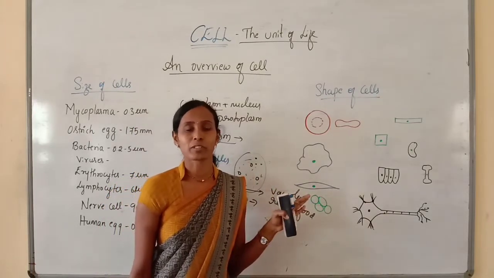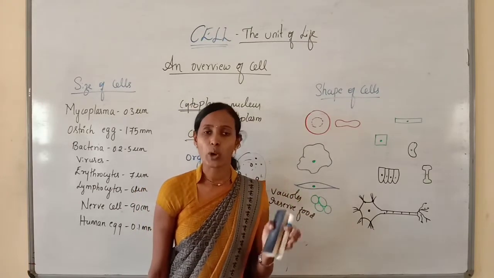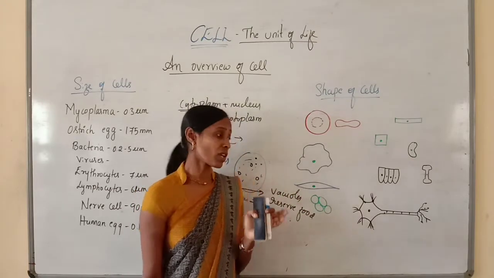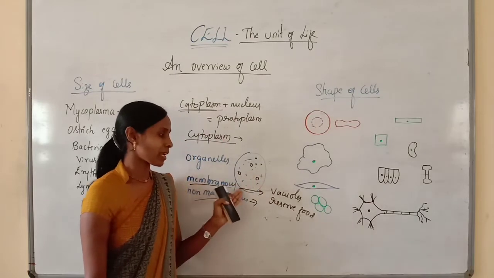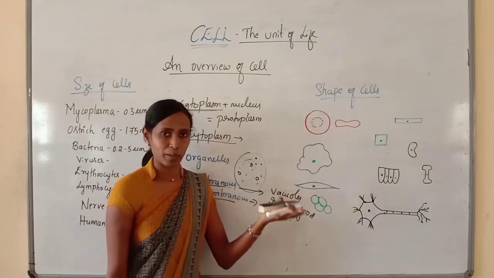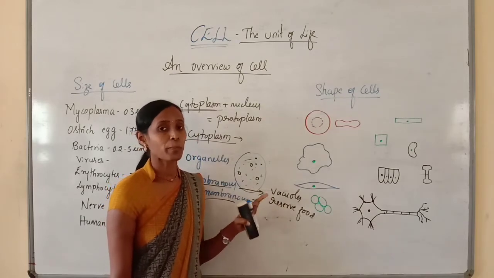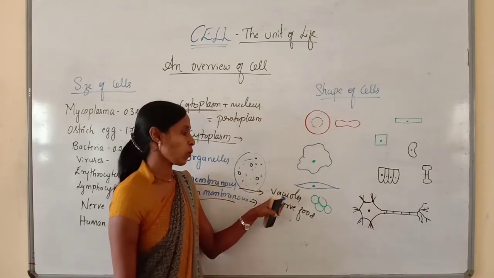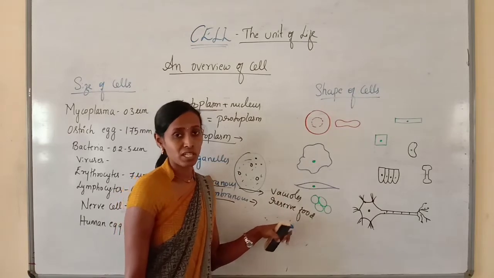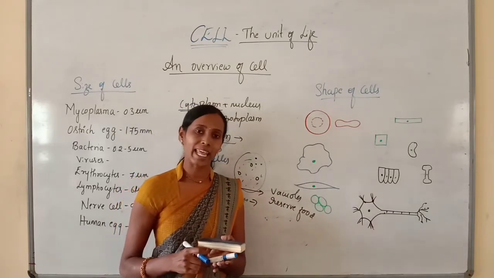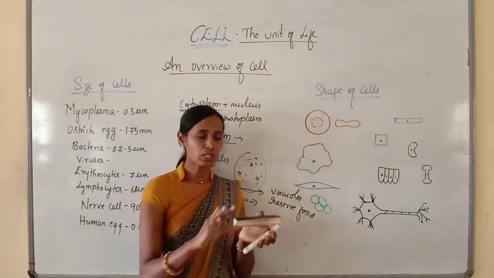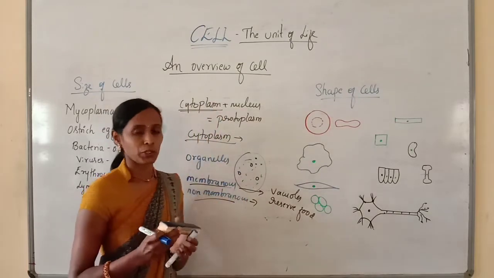Generally, the cytoplasm is made up of various organic and inorganic substances, containing membrane bound cell organelles, like the examples I have given, and non-membranous cell organelles, along with some non-living inclusions like vacuoles, reserve food materials, secretory products and excretory products. So all these are present within the cytoplasm.